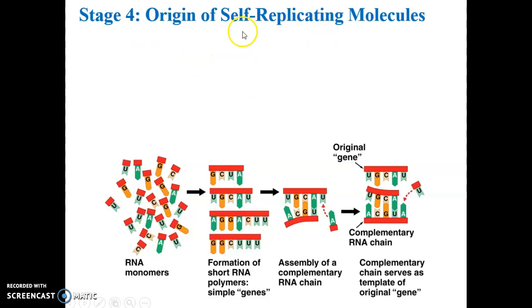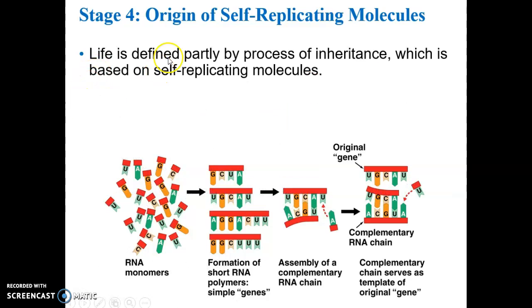And then finally, how about the self-replicating molecules? How did that occur? Well, life is defined partly by inheritance, right? One of the major characteristics of life is that the genetic material is inherited from parental cells to the daughter cells.